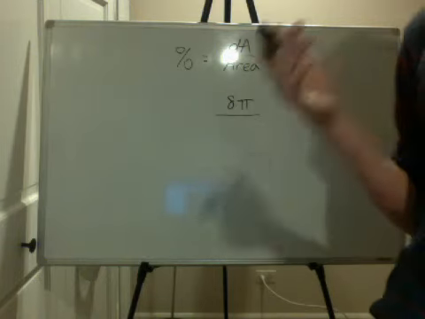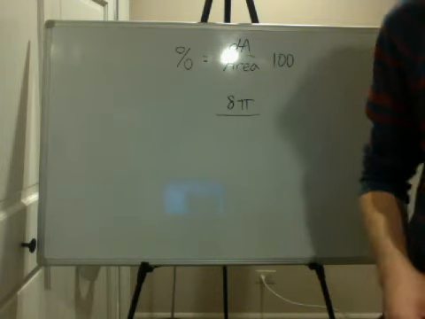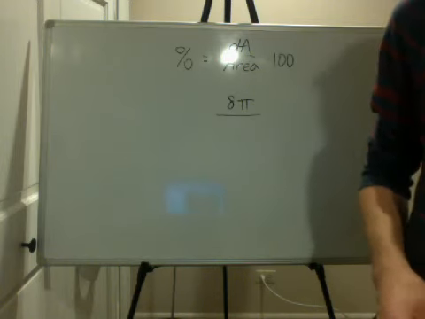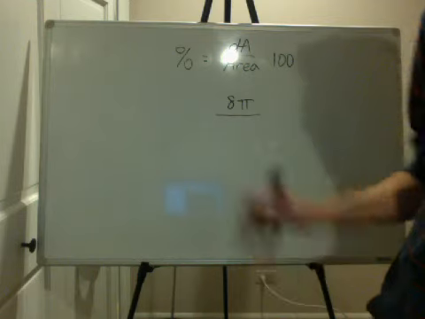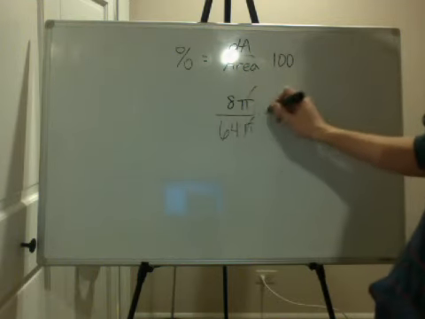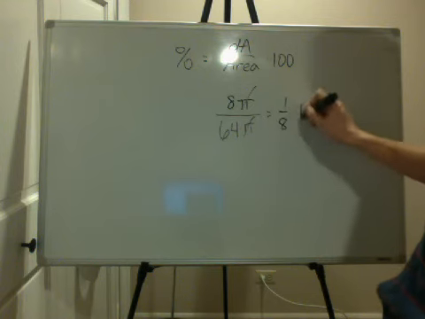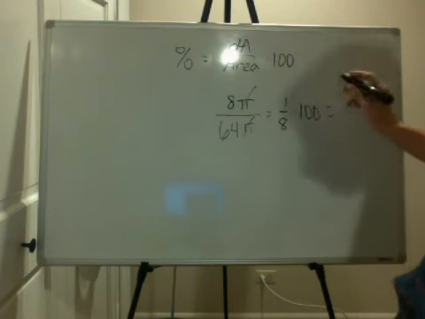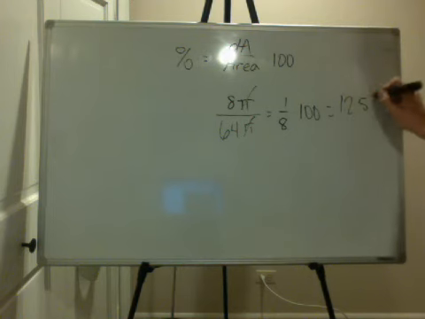Now if the ideal radius was 8, then it would be pi r squared, 8 squared times pi, which is 64 pi. Pi's cancel out, you get 8 over 64, which equals 1/8, and then multiply that times 100, and you get 12.5%, and that is your percent error in this problem.